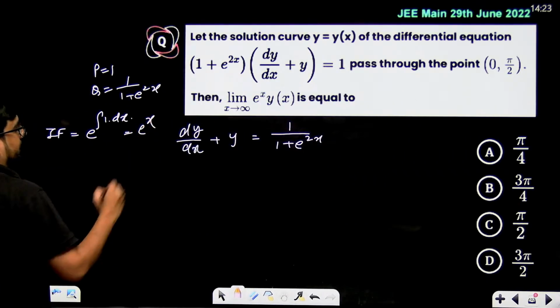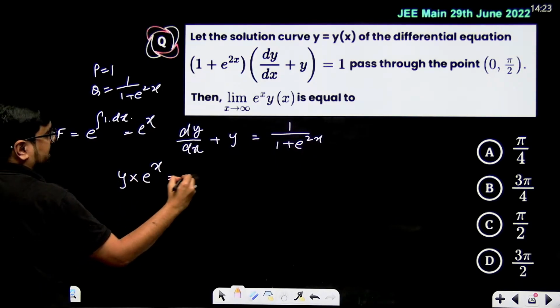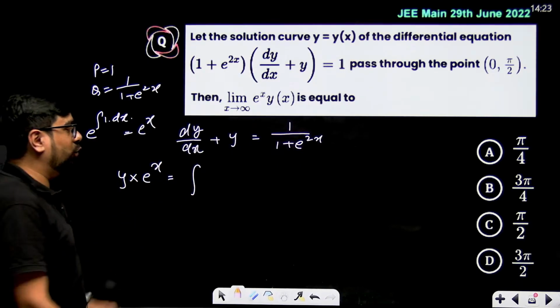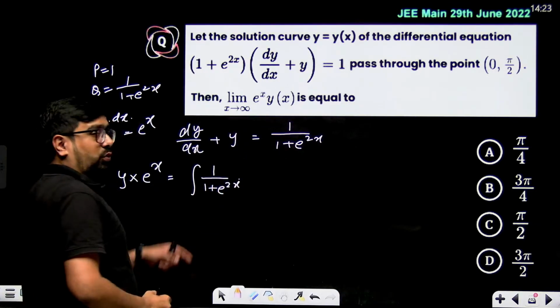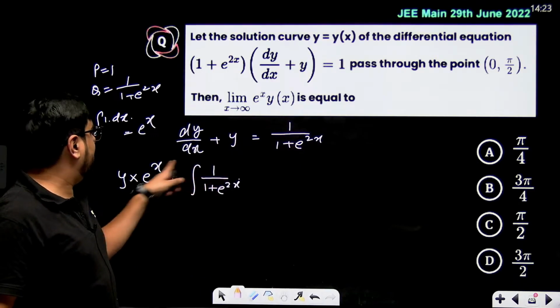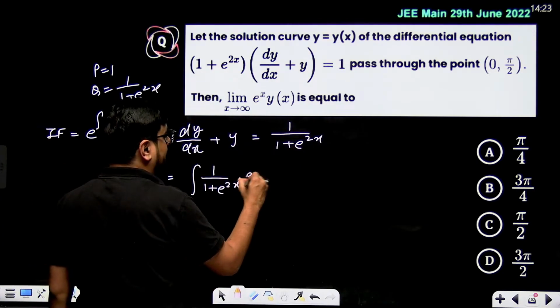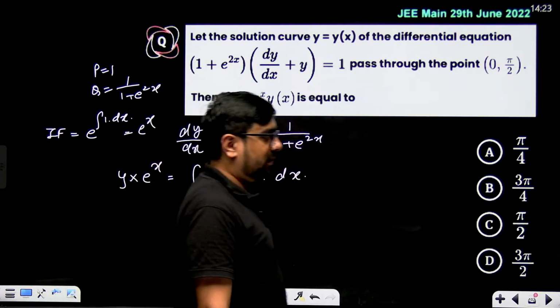Now y into integrating factor, that means y into e to the power x, equals integral of q into integrating factor, that is, 1 by 1 plus e to the power 2x into e to the power x only, dx. This will be your solution.